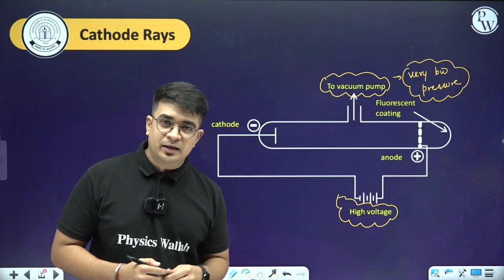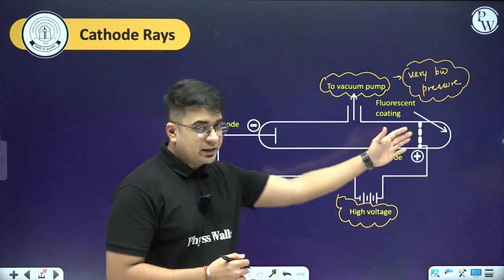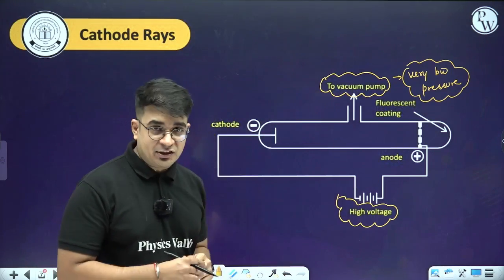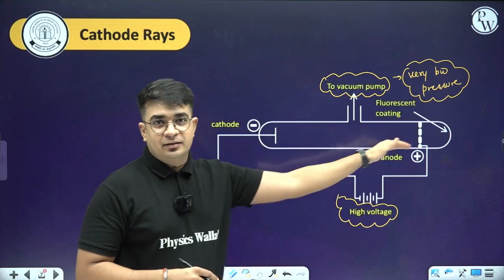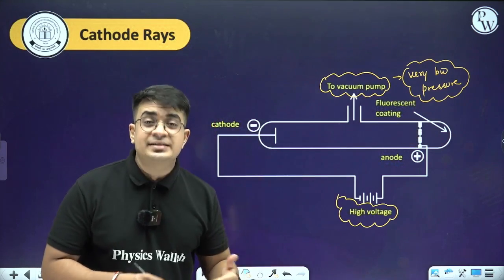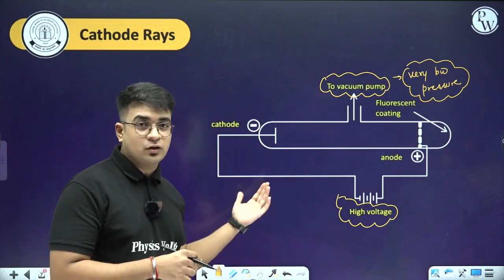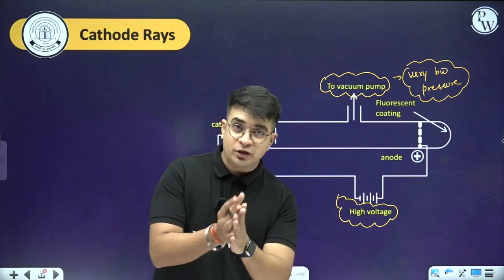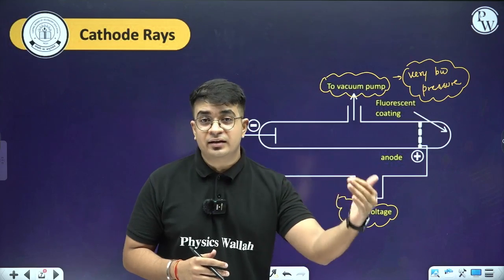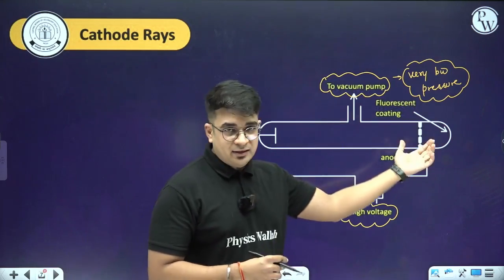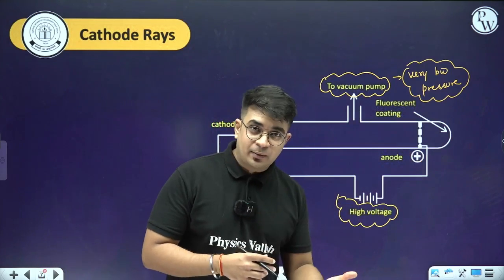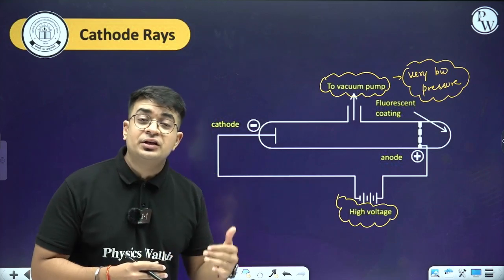Now the basic experimentation started with this particular part, and he saw that at very low pressure you can see a specific type of ray emitting from one electrode to another electrode. Some glowing rays were emitted from one electrode to another, and that's why he called them emission rays.